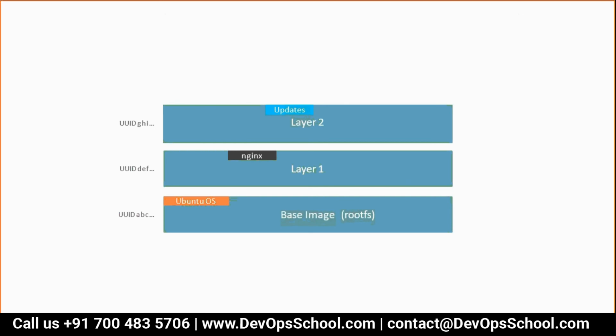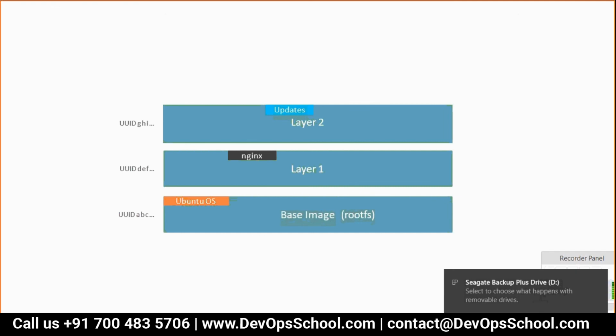So let's move on. Each layer, how can you identify it? That's the question, right? So guys, each layer has a UUID, which is a 40 character SHA-256 unique ID. Using that you can identify. I think you have seen those IDs.